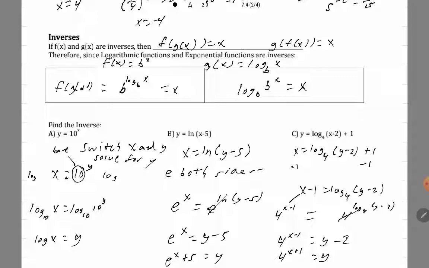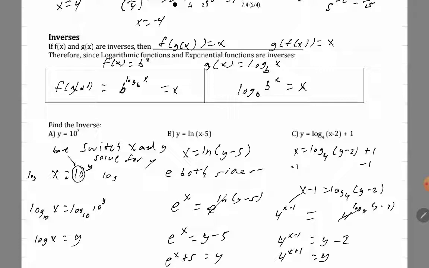Okay. So when you have a variable in your exponent, you take the log of both sides. If you have a natural log, you use e. If you have e, you use natural log of both sides.